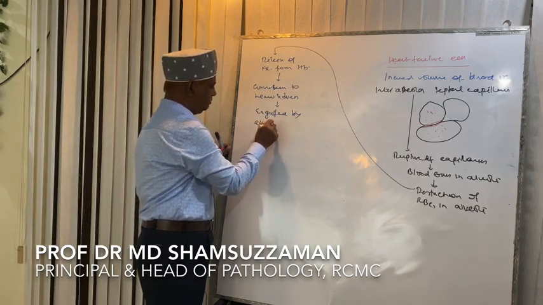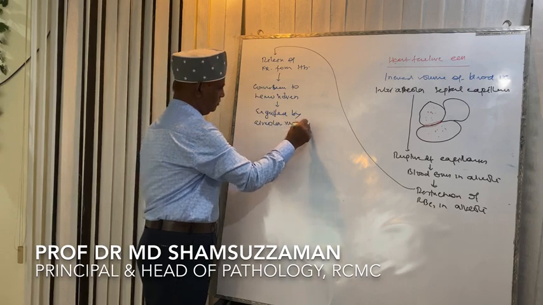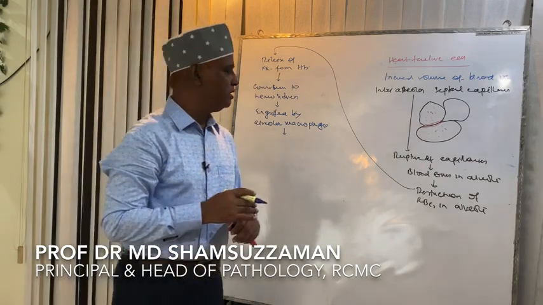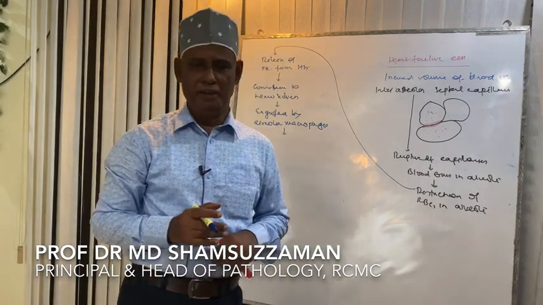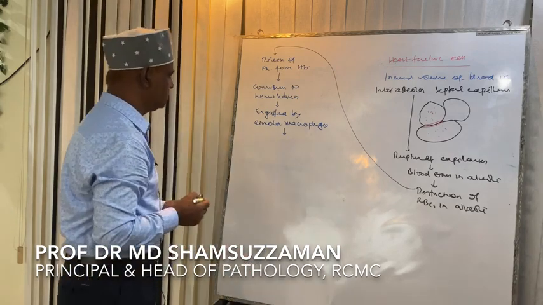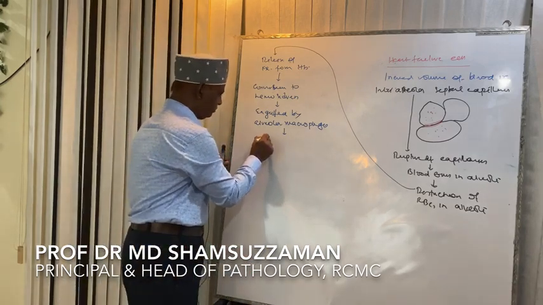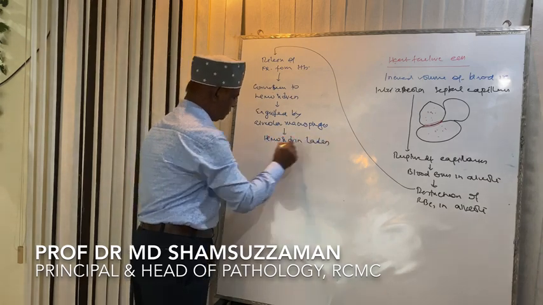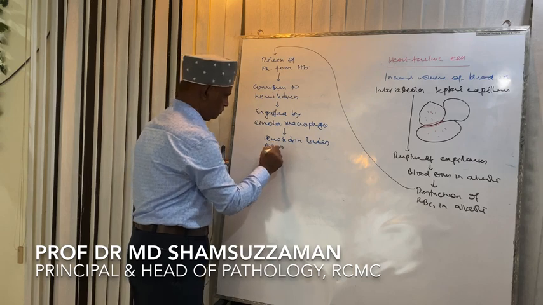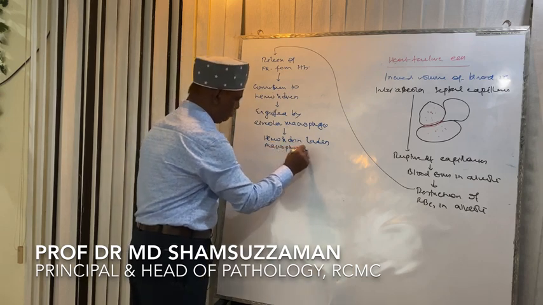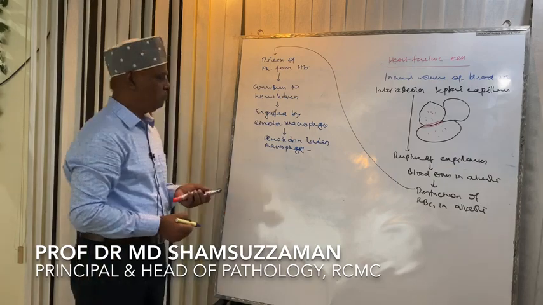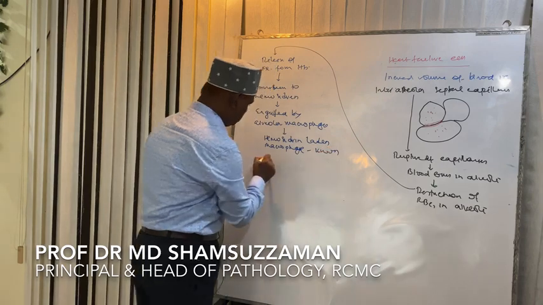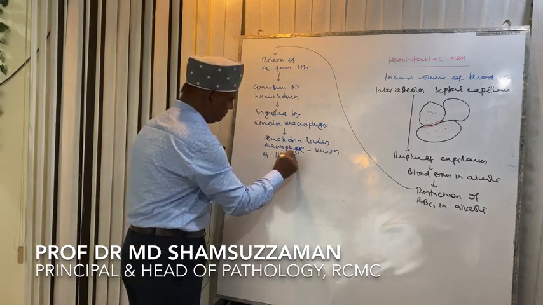And this hemosiderin-laden alveolar macrophage is known as heart failure cell.